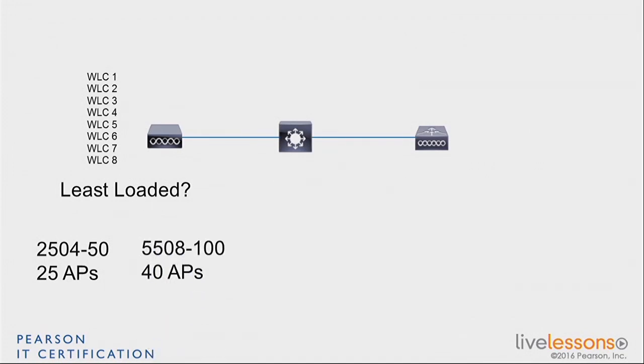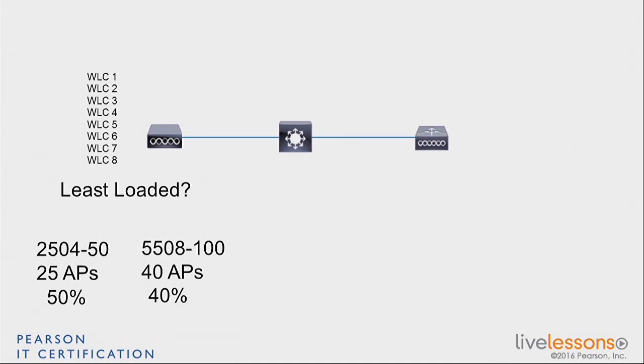But if there is another controller that replies, another model, say for example a 5508, that can have a license for 100 access points and that has 40 access points, which one of these two is the least loaded, do you think? Well, the answer is the 5508, because the 2504 has a 50% license load and the 5508 has a 40% license load.